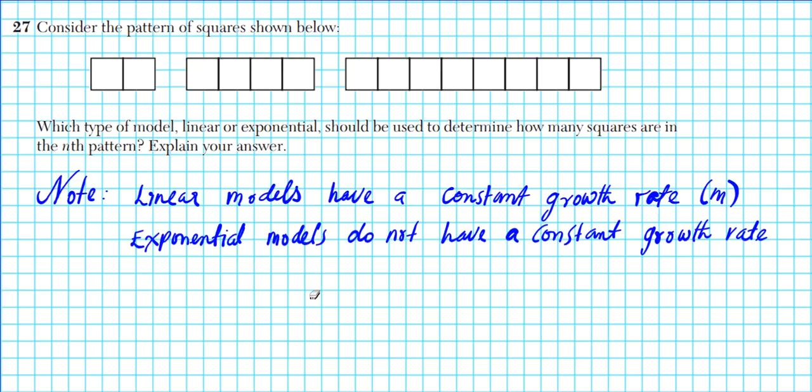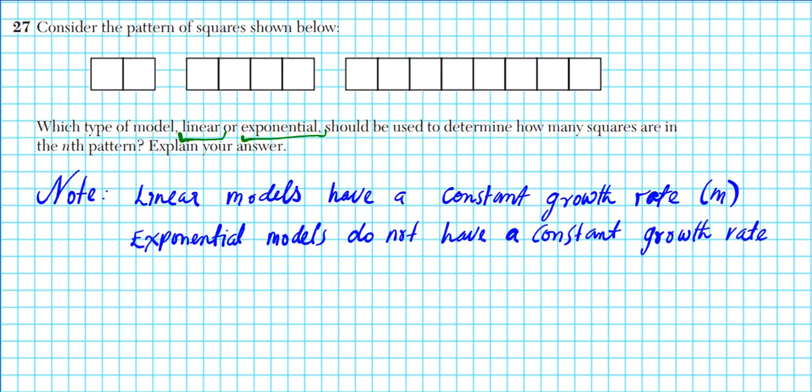There are other functions out there with growth rates that are not constant. But in this particular problem, remember, as indicated earlier, this is kind of like a multiple choice question. We are restricted to either linear or exponential. That's why we're focusing our attention on just these two.